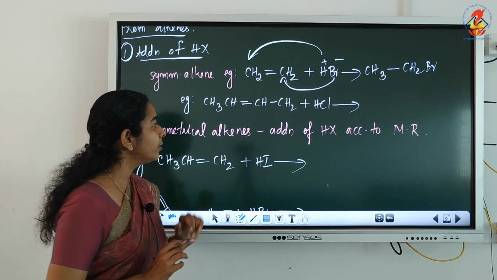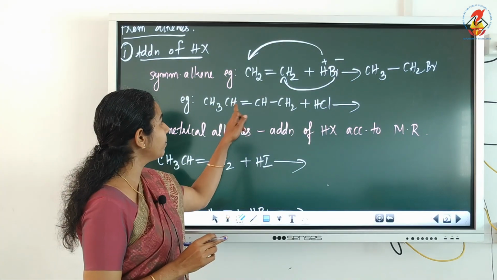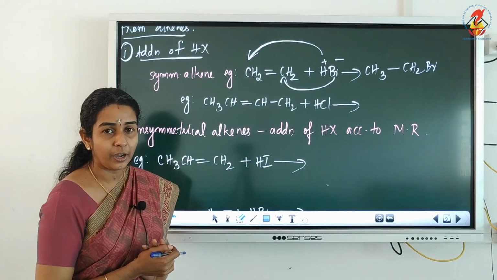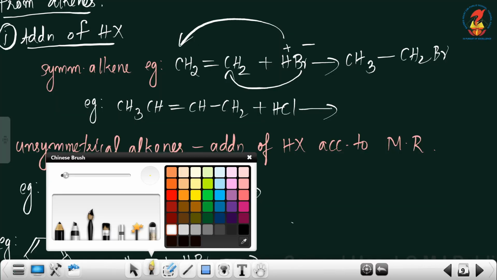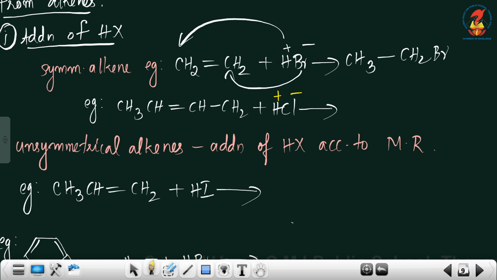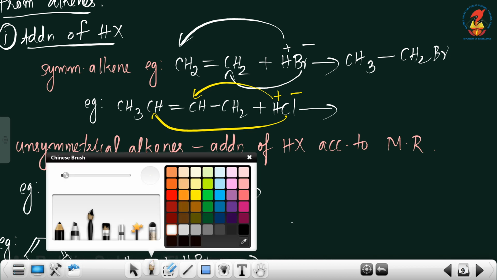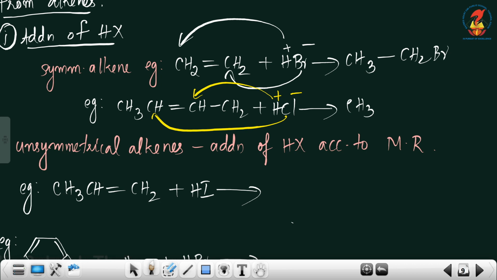Now the second one is also a symmetrical alkene because the double bond is present between the same type of carbon atoms. Here we are adding HCl, another HX, so on ionization H+ and Cl-. I give H+ to one carbon and Cl- to the other carbon, and the product will be CH3-CHCl-CH2-CH3, with the double bond becoming single.